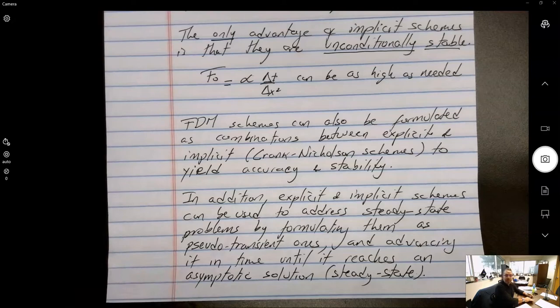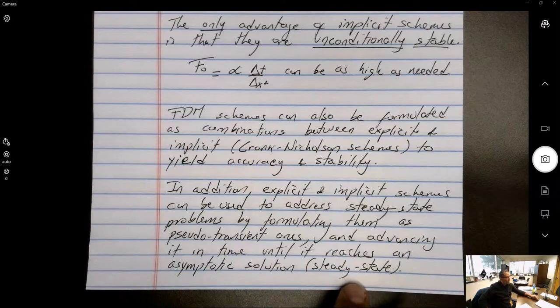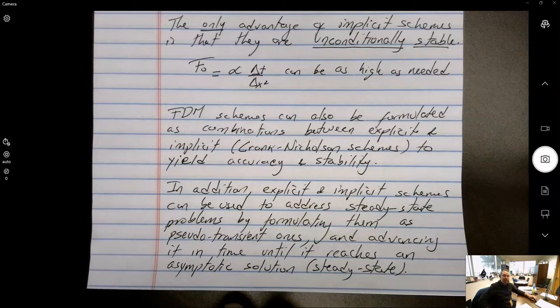Okay, so if you're confronted with having to solve a steady state problem and having to use an FDM approach, you could formulate it as a steady problem. It's just that you're going to end up with a much different formulation that basically presents a simultaneous system of equations, where all nodes are related to all nodes, in a sense, and then you'll have to solve that large system of equations.